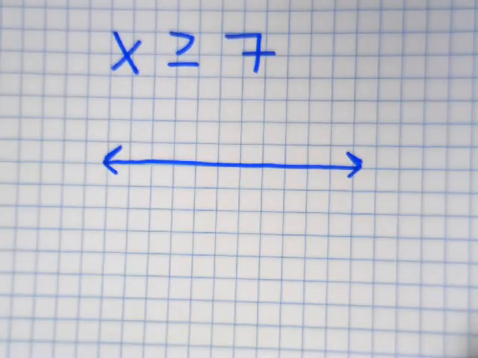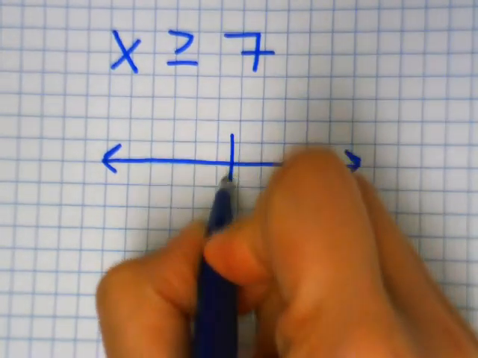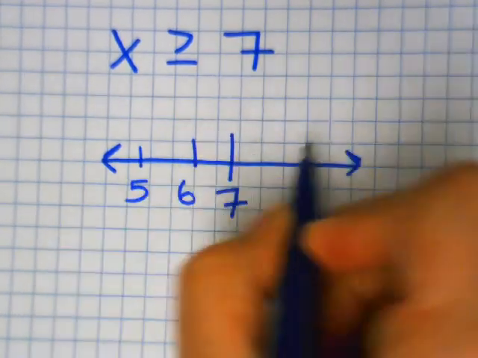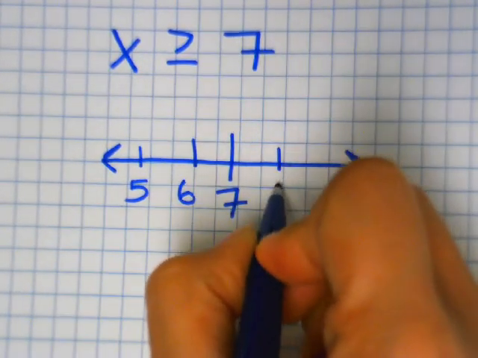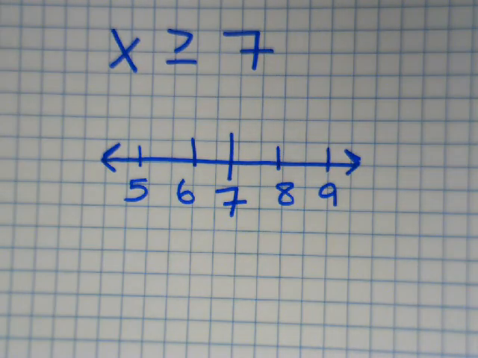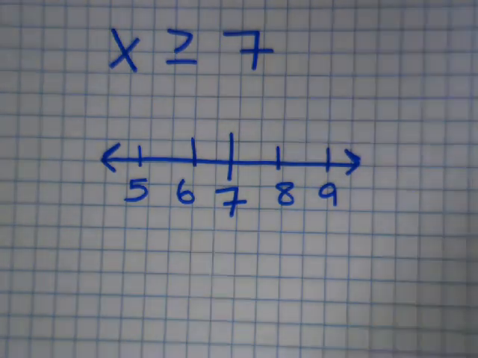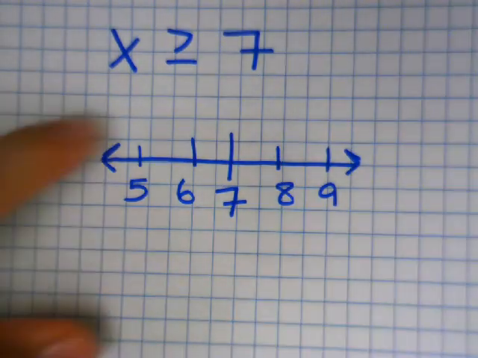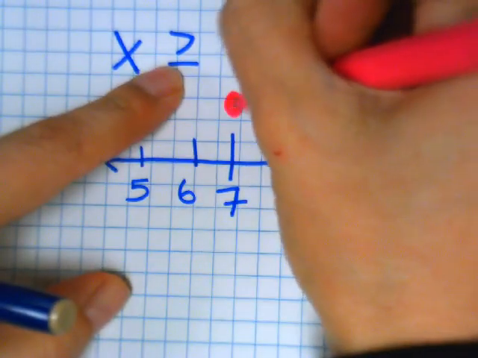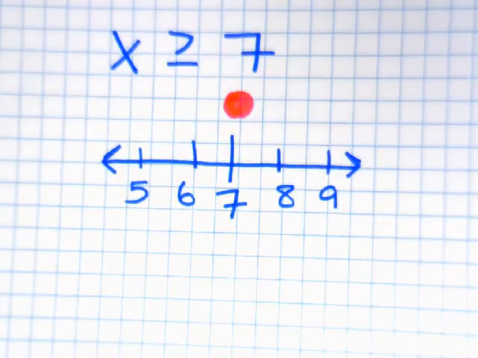What number goes in the middle? 7. 2 numbers below: 6. 2 numbers above: 8 and 9. Okay. Open or closed circle? Closed. Why? Because it says it might be equal to. This extra little line right there, the equal to part, is going to have me have a shaded circle, a closed circle. Okay?